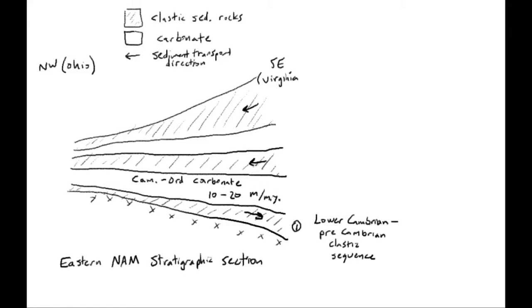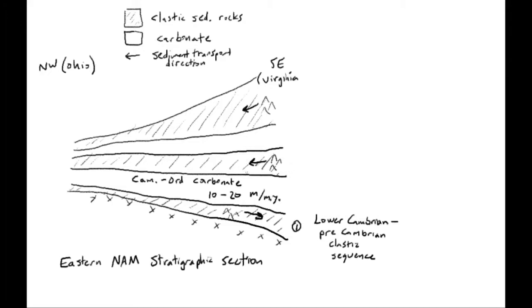And then on top of that, we have another of these clastic sequences, but the direction of the source is different. If you've got a big mountain range nearby, over here the mountains are going to be to the northwest, transporting down to lower lying land. Here the mountains are more in the southeast. Same thing here, okay?